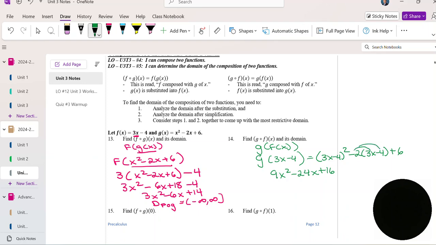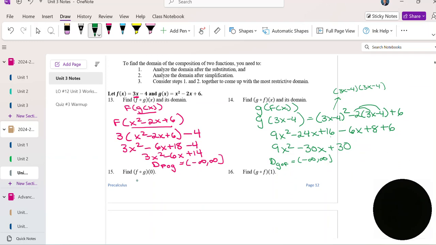And then when I distribute the negative 2 here, I get minus 6x plus 8 plus 6. So remember here, you had to do the 3x minus 4 times the 3x minus 4. That's how I got that. So 9x squared minus 30x, when you combine like terms, and then 16 plus 8 plus 6 is plus 30 as well. So the domain here of g of f is also all real numbers, because there are no fractions or square roots.